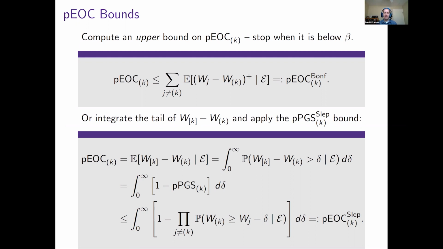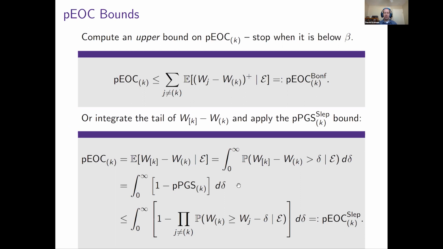And that tail CDF, the probability that W_[k] minus W_(k) is greater than delta, that's the posterior probability that alternative (k) is delta worse than the best, at least. So it's a delta-bad system, which means that's 1 minus the posterior PGS of that alternative. And here I've chosen to use delta as my variable of integration because of its connection to posterior PGS.